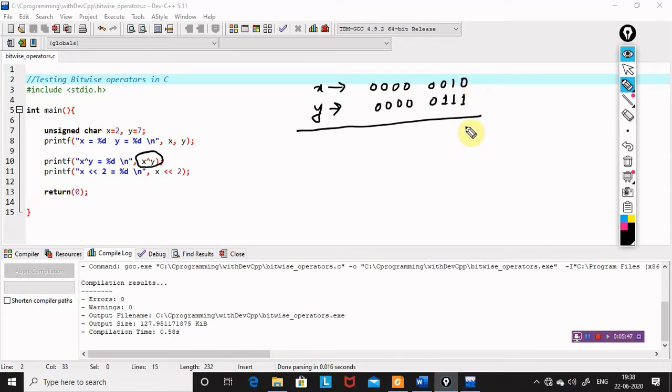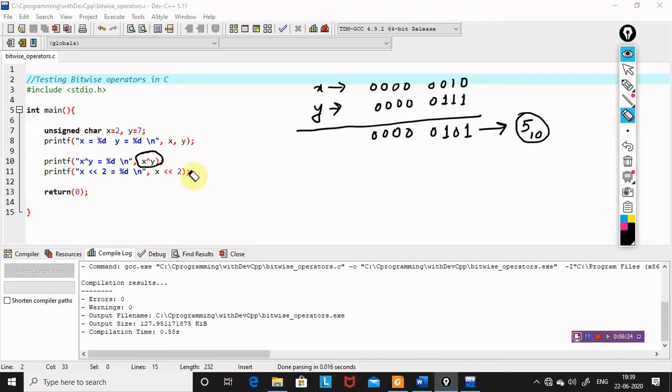So 0 and 1 is 1, 1 and 1 is 0, 0 and 1 is again 1, and all these are 0. If only one of the inputs is 1, then only the output is 1, otherwise the output is 0. So this translates to decimal 5. So we can put a 10 over here to signify that the result is 5 in decimal. We can execute the program and see the result for ourselves.